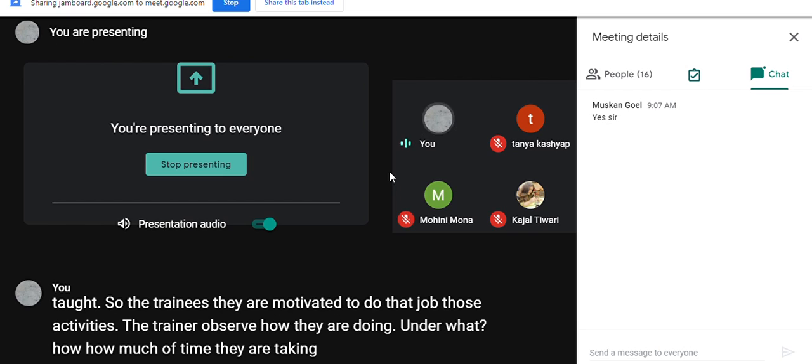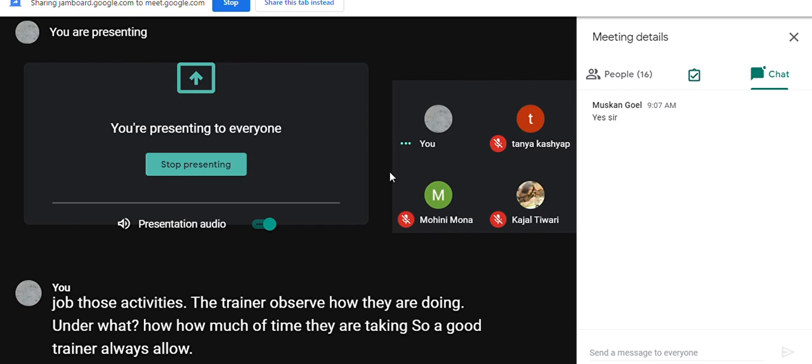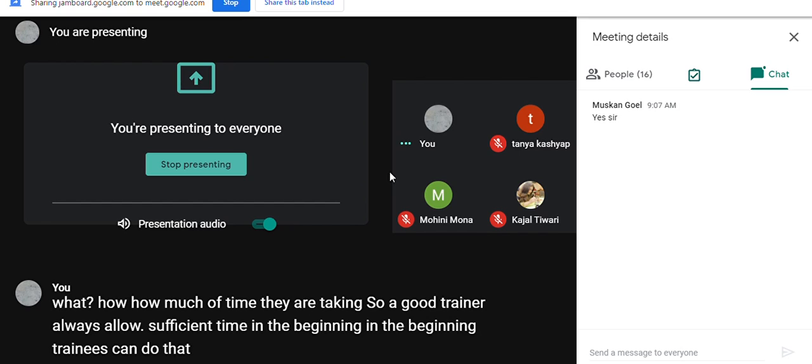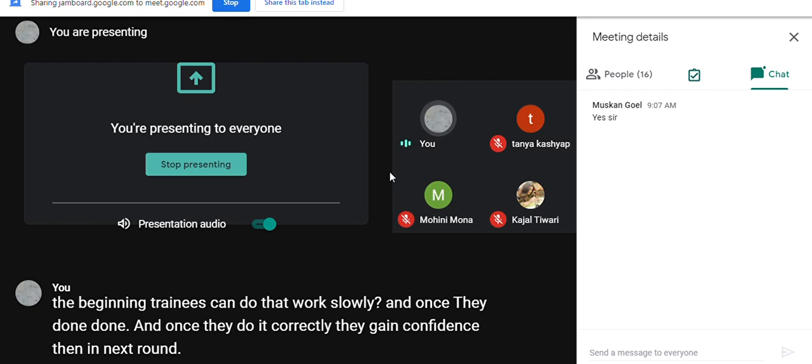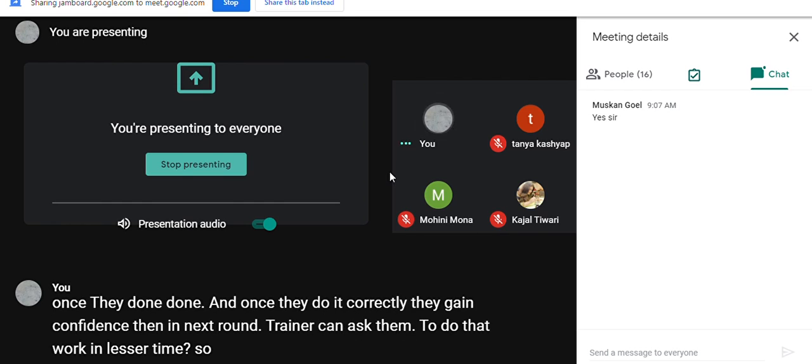A good trainer always allows sufficient time in the beginning. In the beginning, trainees can do that work slowly, and once they do it correctly, they gain confidence. Then in the next round, the trainer can ask them to do that work in lesser time. She can set up some time limit by using timers and stopwatches.